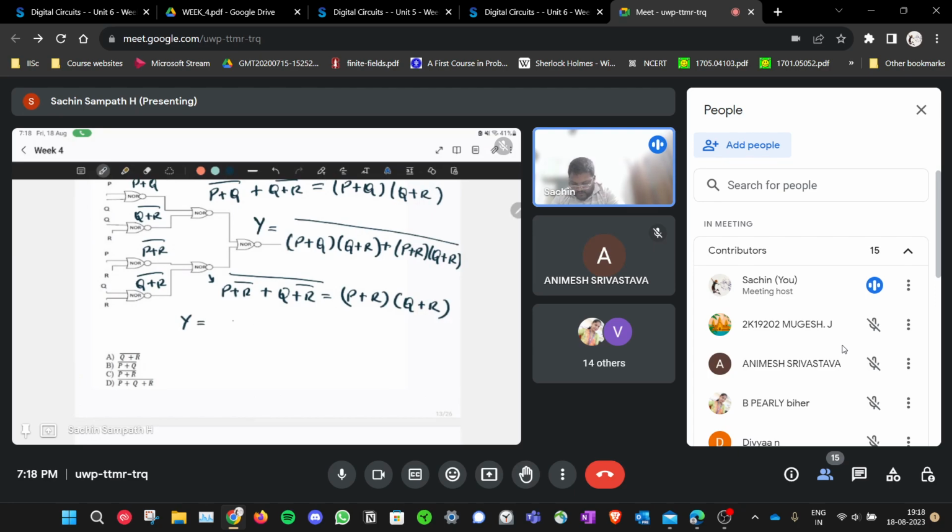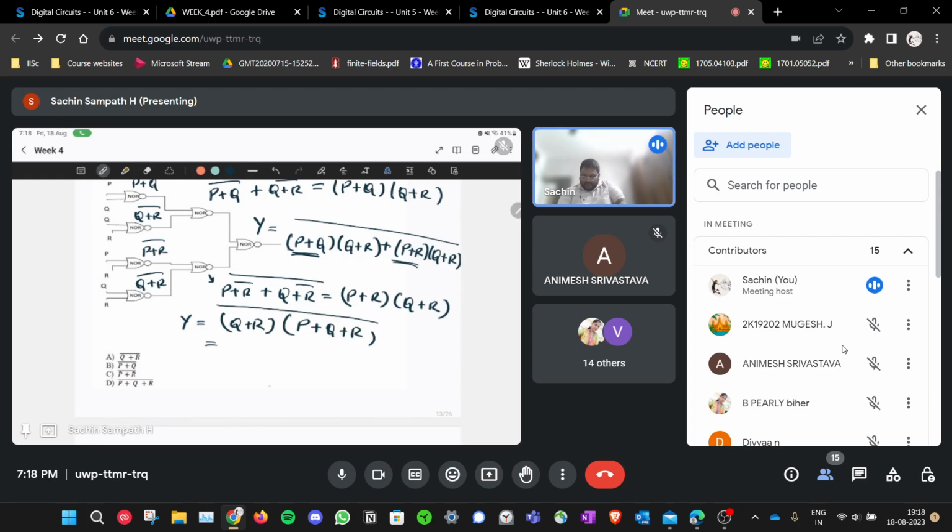So Y, you can take out the Q plus R common. There are multiple ways you can do this. I'm seeing which one is better. Okay, I'll take Q plus R common. What will I get? P plus Q plus P plus R. This is nothing but P plus Q plus R complement.